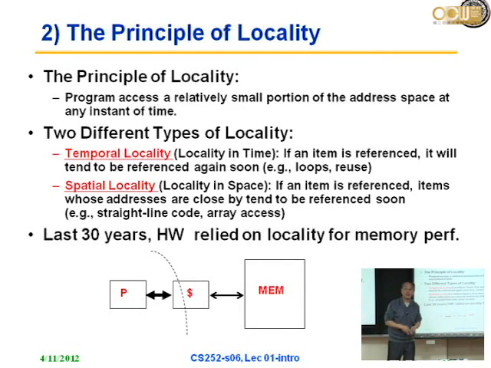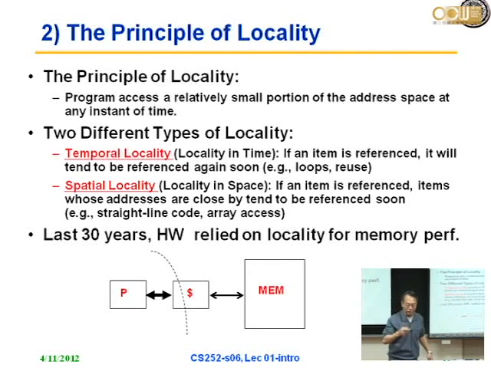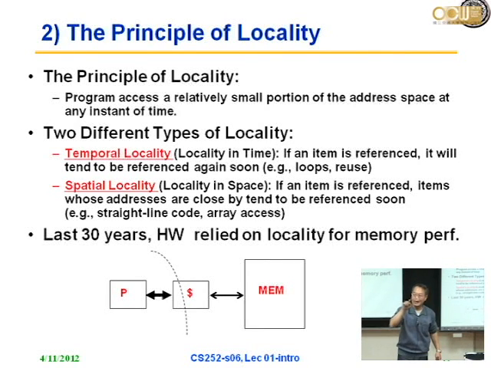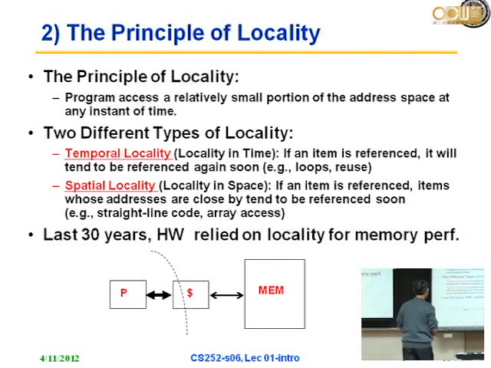Like if you called student ID number 1, very likely you'll call number 2, number 3 again very soon. So temporal locality refers to the information itself, and spatial locality refers to the information nearby. Got the idea? Very simple idea.